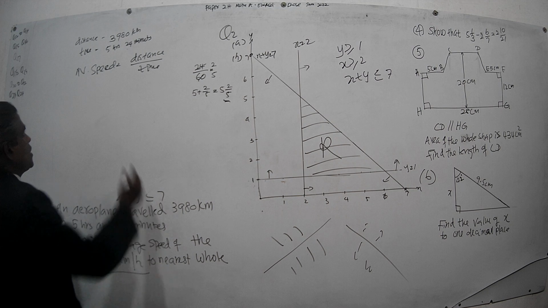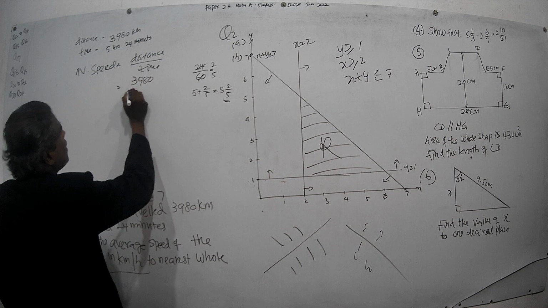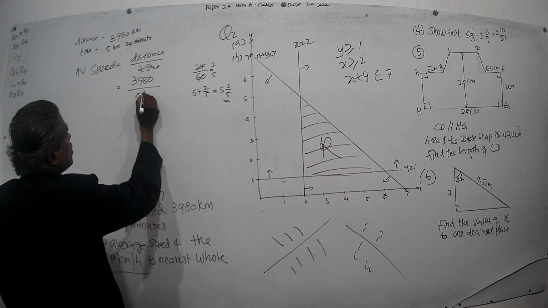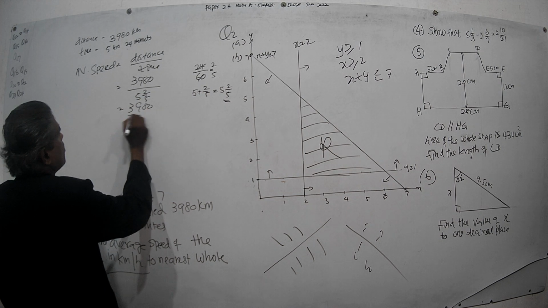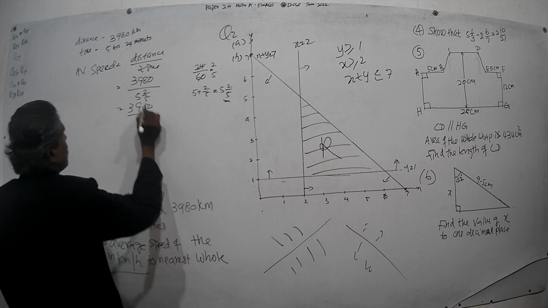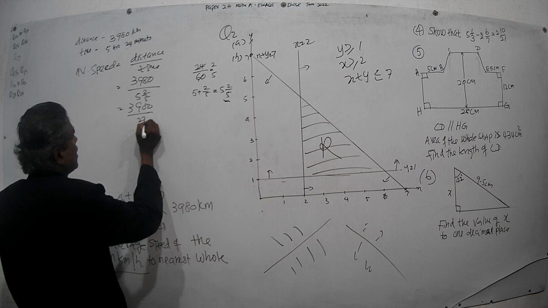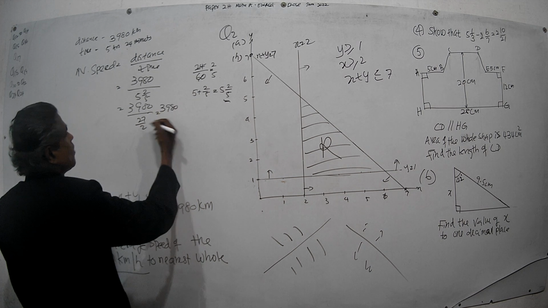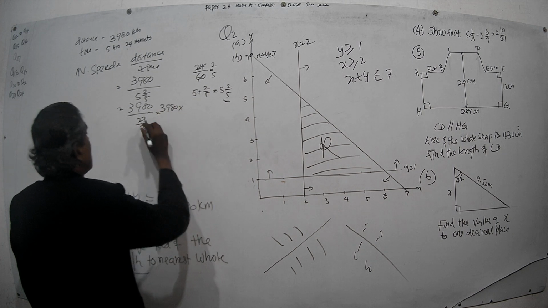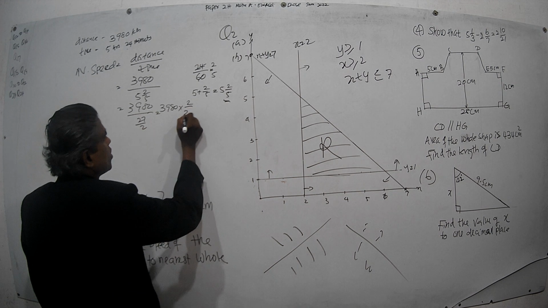Then we substitute. Distance is 3980, and this time is 5 and 2 over 5. Let's make this an improper fraction: 5 times 5 is 25, plus 2 is 27, over 5. Then 3980, take this fraction upside down, it becomes 5 over 27.